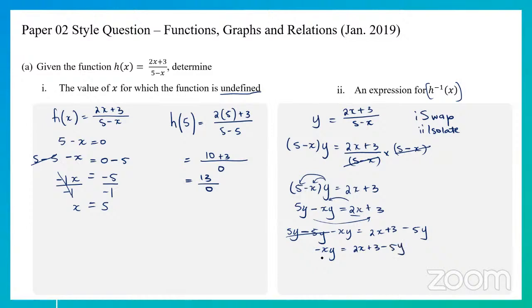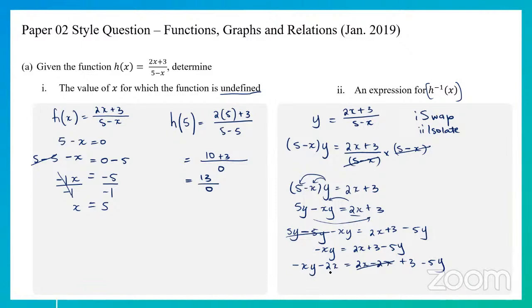All right. So I brought over my 5y and I'm going to bring over my 2x, so I have it on this side. So negative xy minus 2x equal to 2x minus 2x. So that's why I have negative 2x over here, minus 2x over here, plus 3 minus 5y. So I can cancel all of this now. Okay, so now I have all my x's on one side.